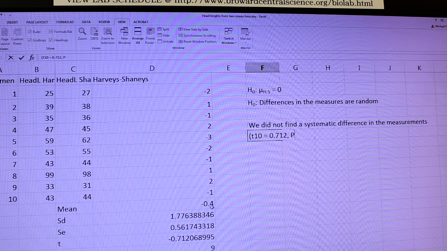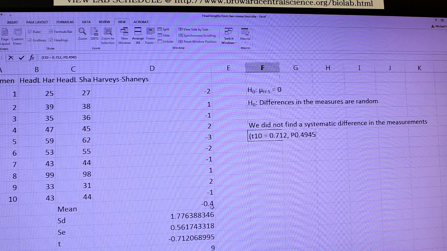And then the probability. I looked that up, so I'm just going to paste it in here and fix this so it doesn't look too sloppy. Probability equals, we're going to round off to 3 decimal points, so that would be 0.495.